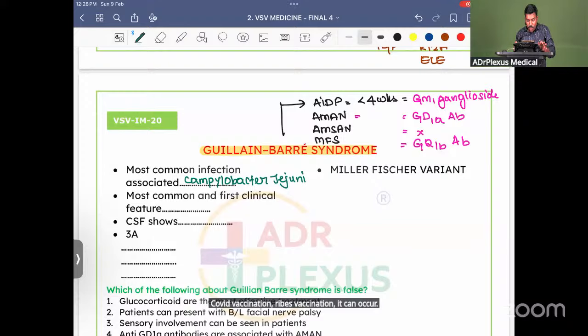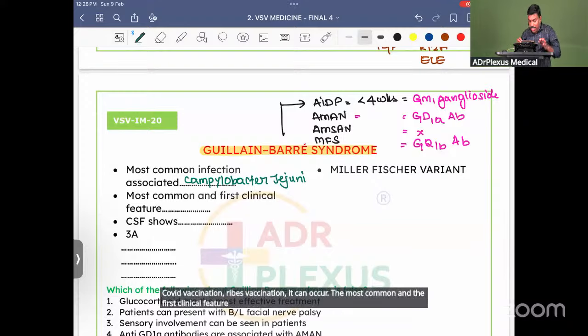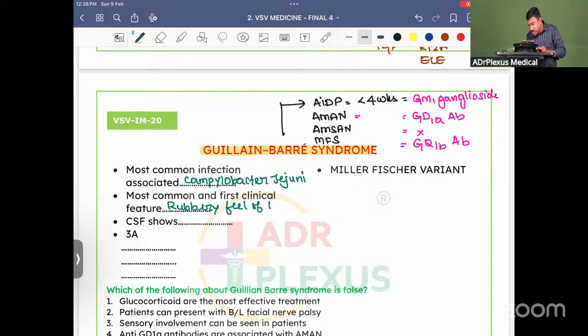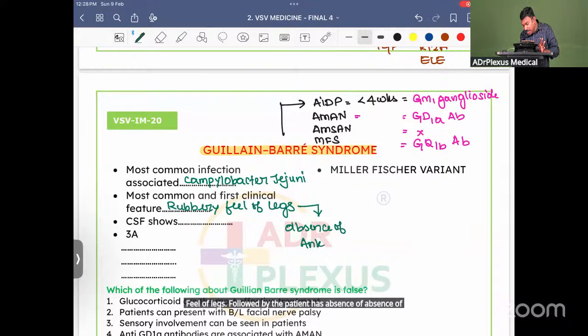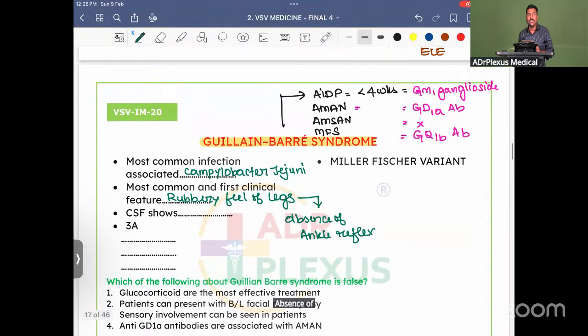Okay. The most common and the first clinical feature the patient feels is a rubbery feel of the legs, followed by absence of ankle reflex.